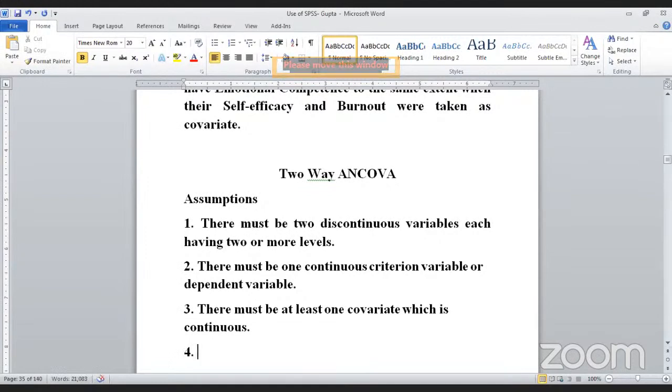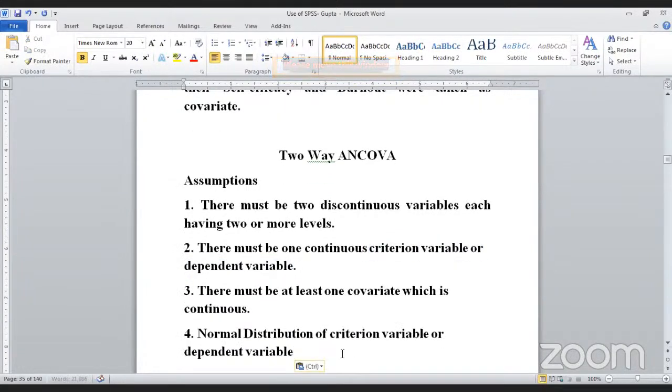Then fourth is the normal distribution. And when I say normal distribution, it has to be always either of the criterion variable or of the dependent variable. So normal distribution of the criterion variable or the dependent variable.